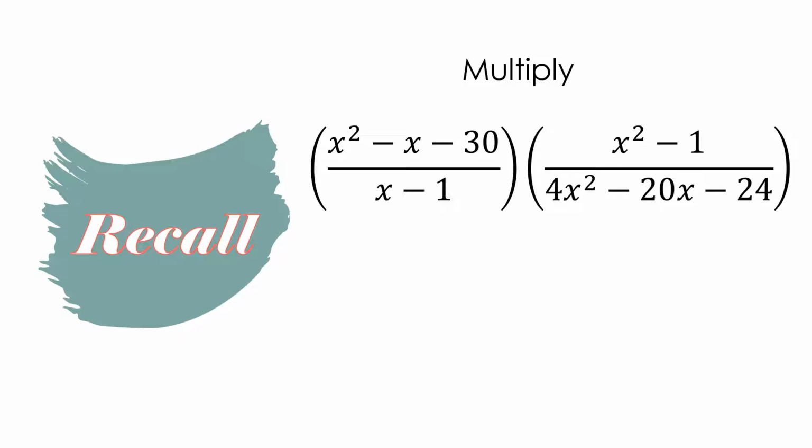The answer is positive 5 and negative 6. Negative 6 times 5 is negative 30, and negative 6 plus 5 equals negative 1.